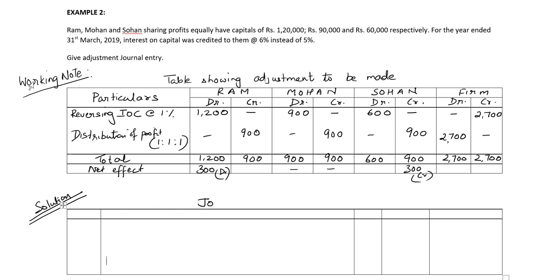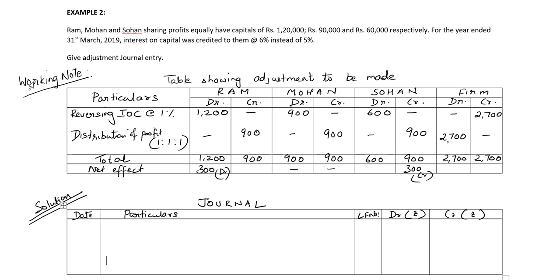Journal, date, second column particulars, LF number, debit rupees, and final column is credit rupees.